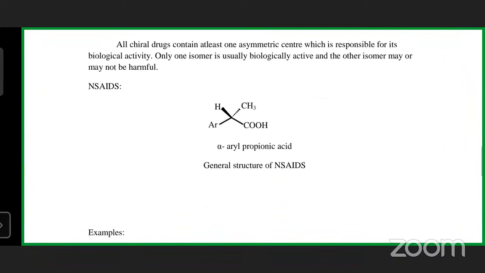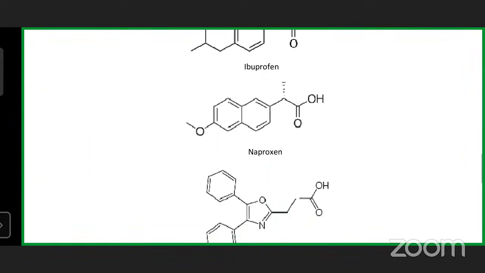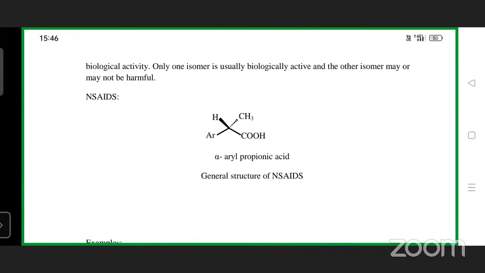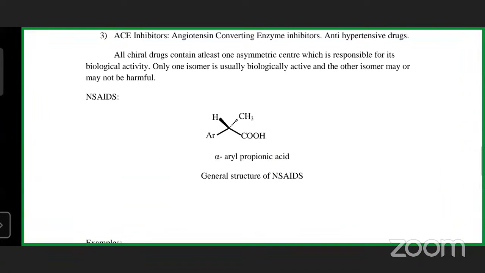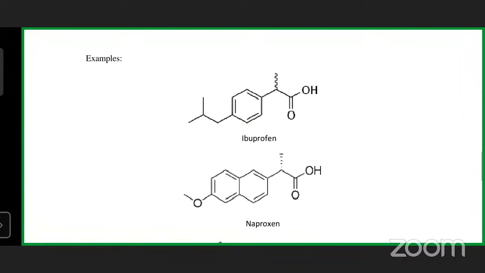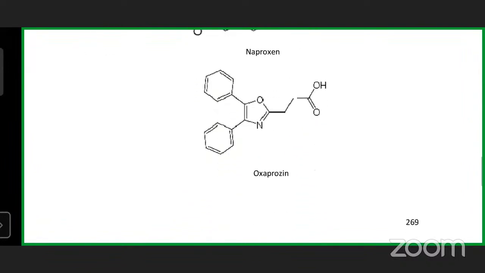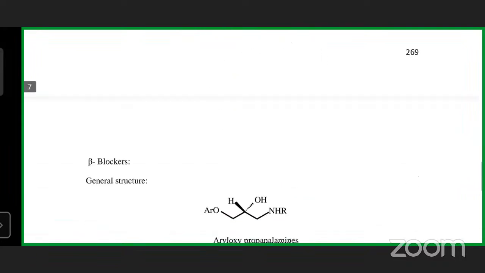So here are the drugs: NSAIDs, ACE inhibitors and beta blockers. You see the non-steroidal anti-inflammatory drugs. The examples are alpha-aryl propionic acids like ibuprofen, naproxen, oxaprozin. All these are NSAID drugs.